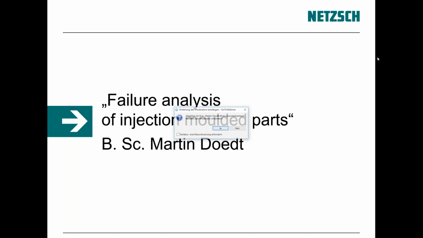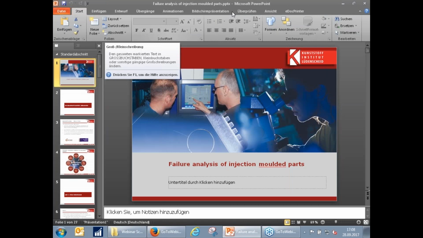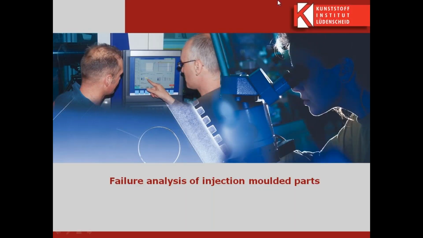We picked out two methods that Martin is also going to talk about, and that is DSC, differential scanning calorimetry, probably the most widely used technique of thermal analysis, also used for failure analysis, and Martin will refer to TMA, thermomechanical analysis, to look at expansion and shrinkage of the parts as a function of temperature.